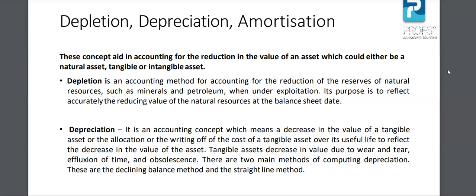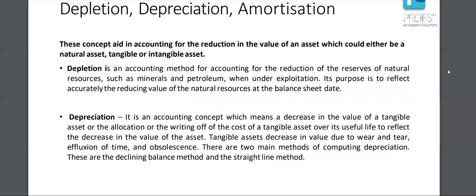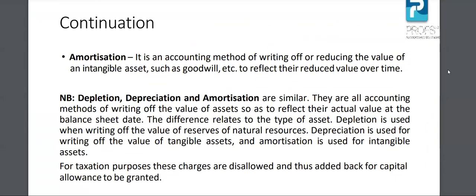Depreciation is associated with a reduction in the value of tangible assets. And amortization is associated with a reduction in the value of intangible assets. Sometimes in an examination, you may be asked to write on them or differentiate amongst these three concepts.